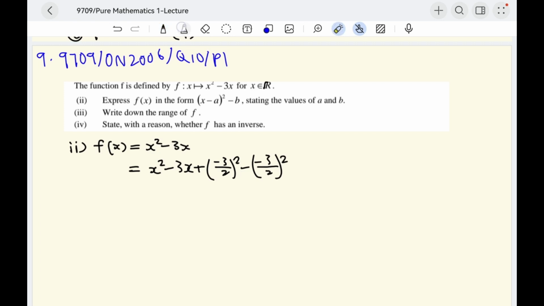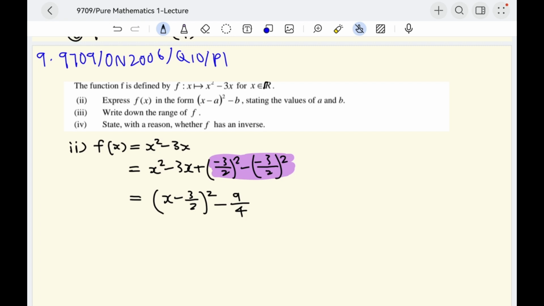So I have (x - 3/2) squared, and for this term you will have negative 9 over 4.